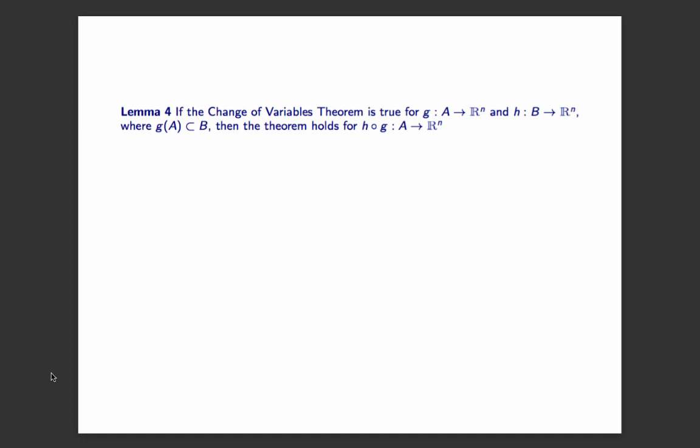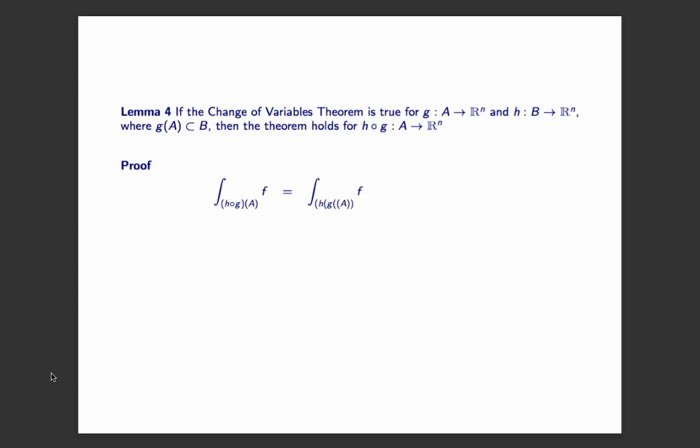So if the change of variables theorem is true for a change of variables g and a change of variables h, such that g of A is contained in the domain of h, then the theorem holds true for the composition of h and g. So to prove it, we'll begin with the integral of f over the change of variables h composed with g.